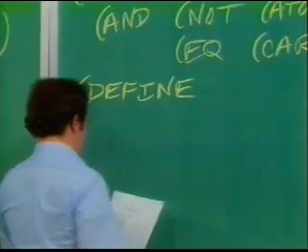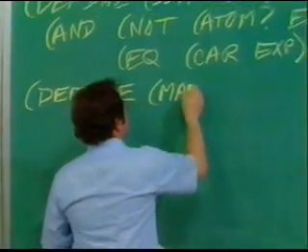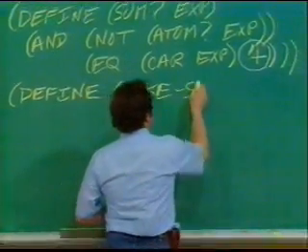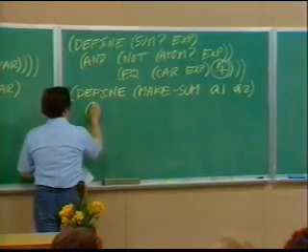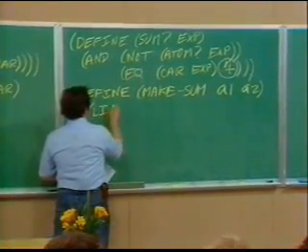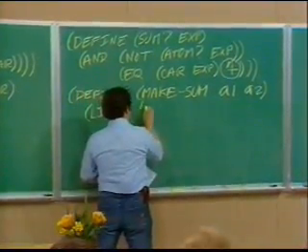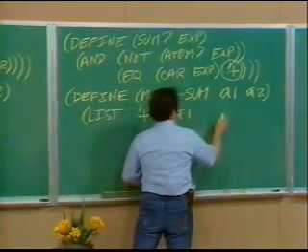I have to define what I mean, how to make a sum of two things, an A1 and an A2. And I'm going to do this very simply. It's a list of the symbol plus and A1 and A2.